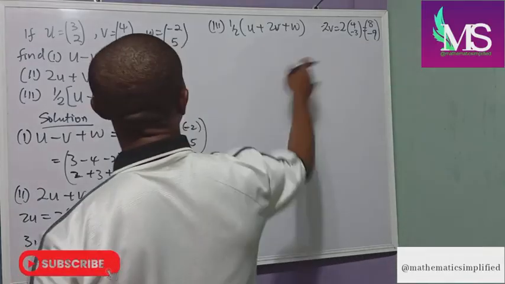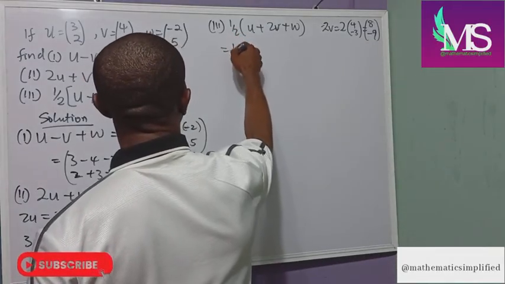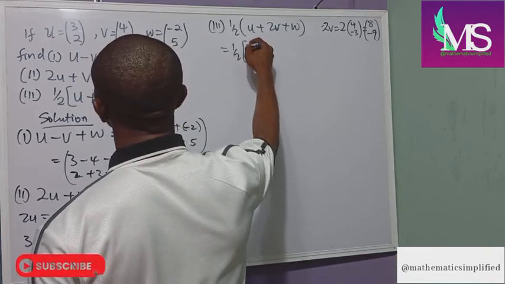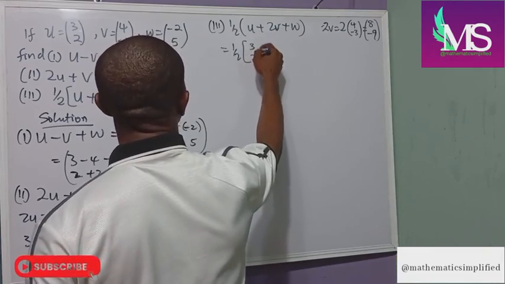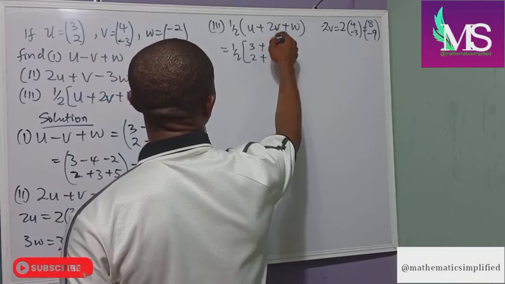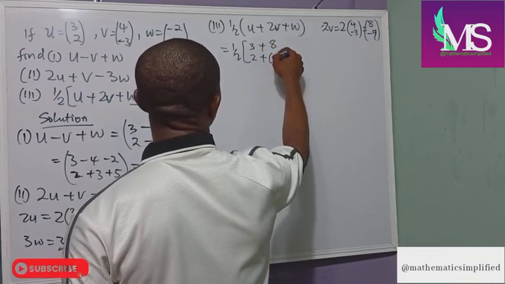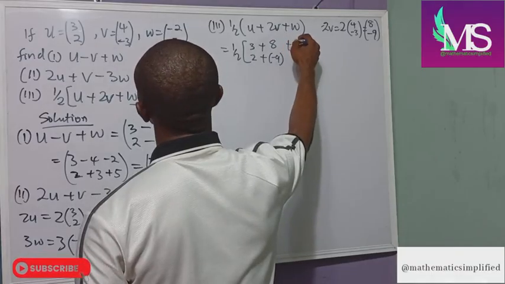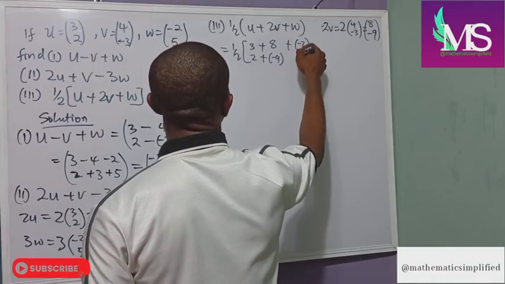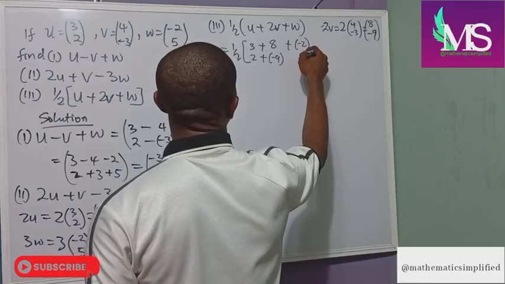Okay, now replacing that here, our half bracket u, which is 3 and 2, plus 8 minus 9 plus minus 2 and 5.